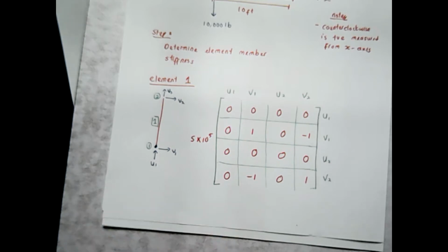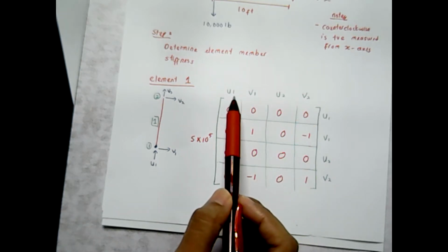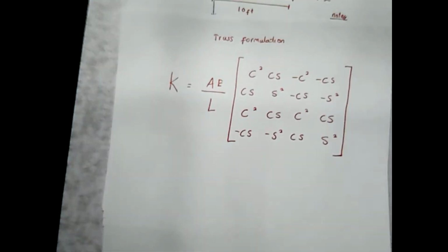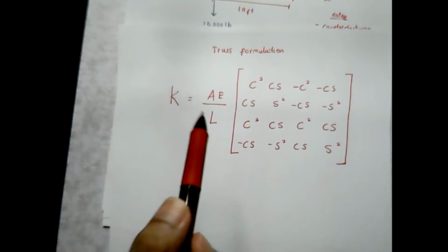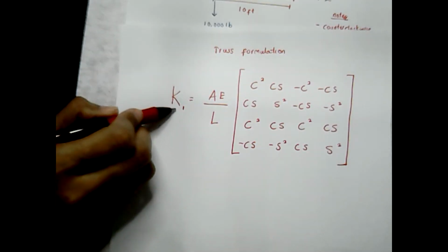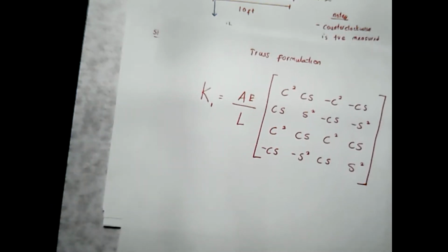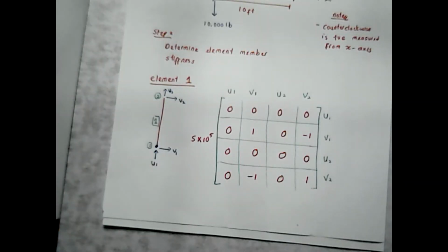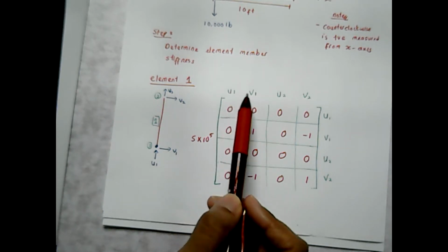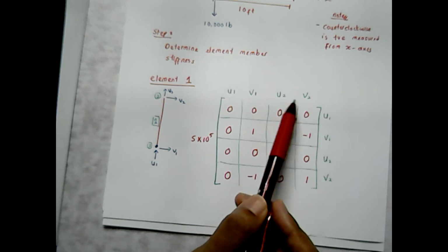To do that, you need to write the stiffness according to these equations. At the moment you are doing element 1, so local element 1, K1. For local element 1 you have u1, v1, u2, v2.